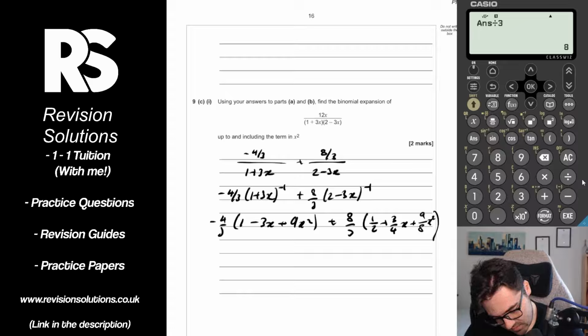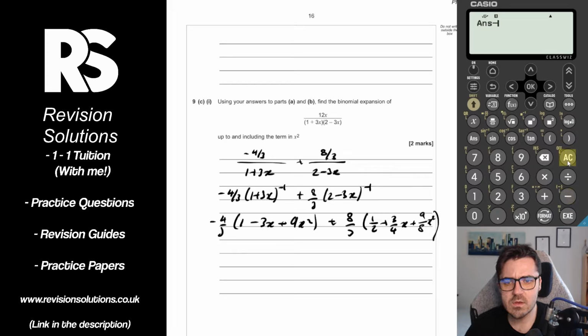So we got minus 4/3 coming from that first bracket. But we've got plus 8/3 times a half. Well, actually, that's just plus 4/3, isn't it? So that would cancel. I can see that.